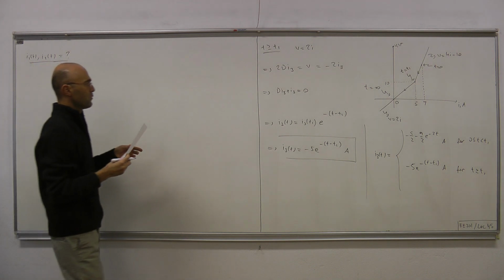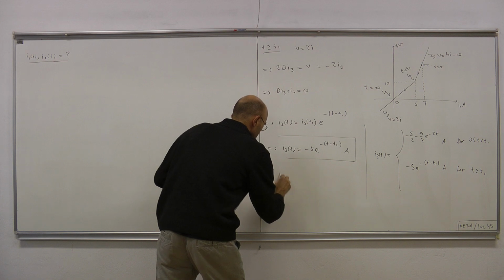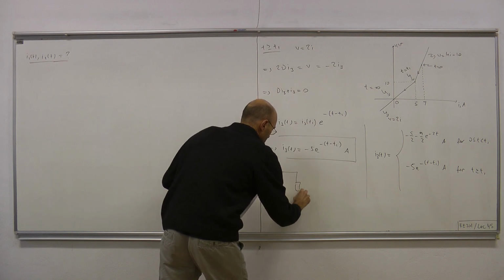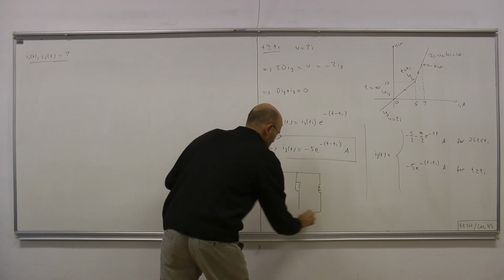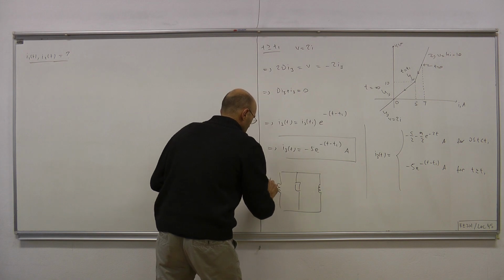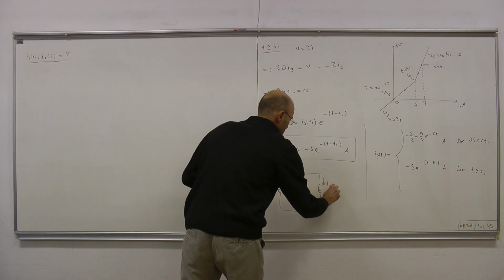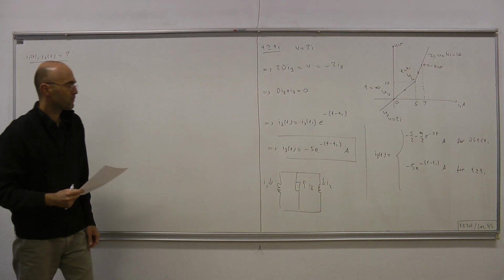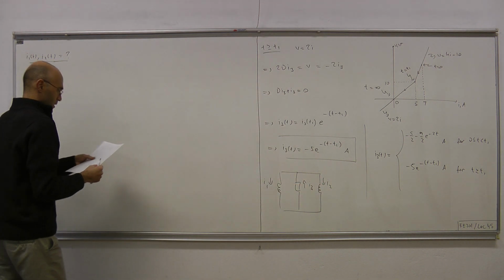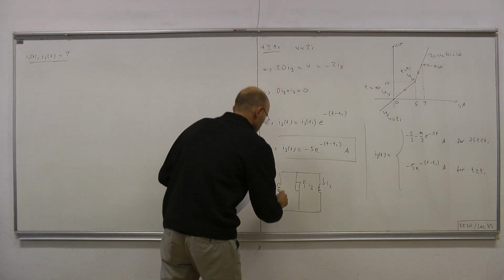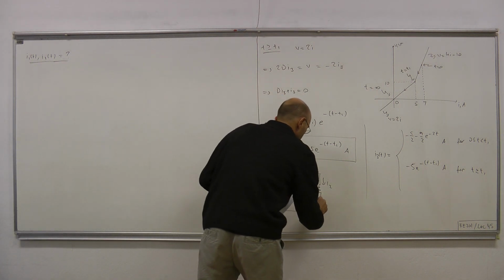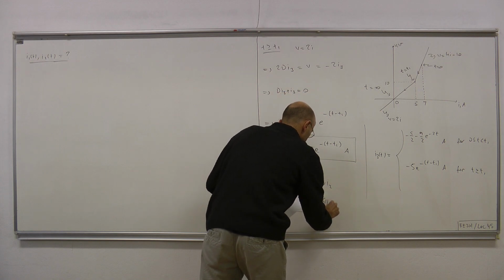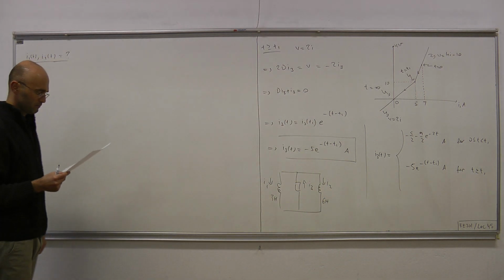So we had the following, the original configuration. This was I1, this was I2, and this was I3, in the opposite direction. And we have 3 Henry for L1 and 6 Henry for L2.